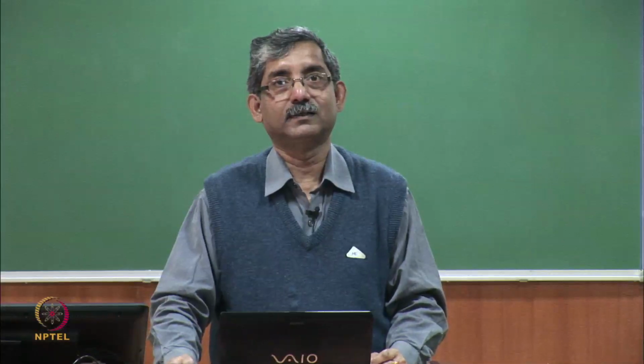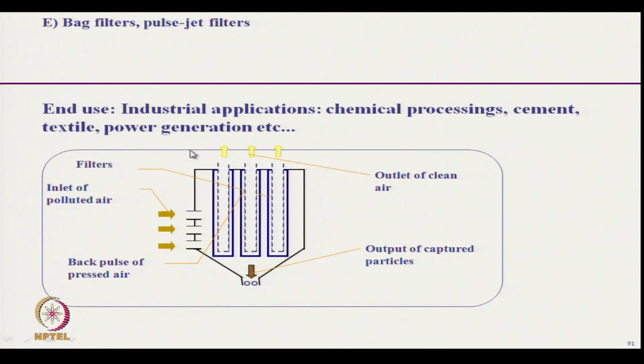This is the diagram as I have shown here. This is a dust collecting system. Okay. These are the filters here with the dotted line, these are the frames, inlet of polluted air, and this is clean air.